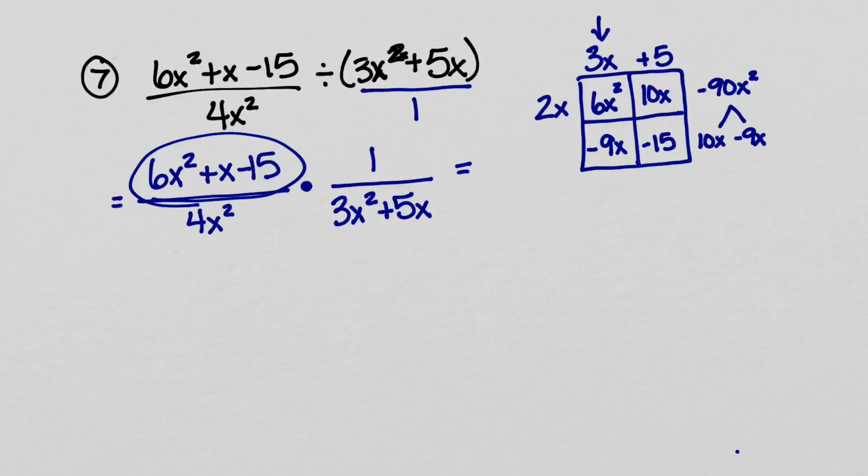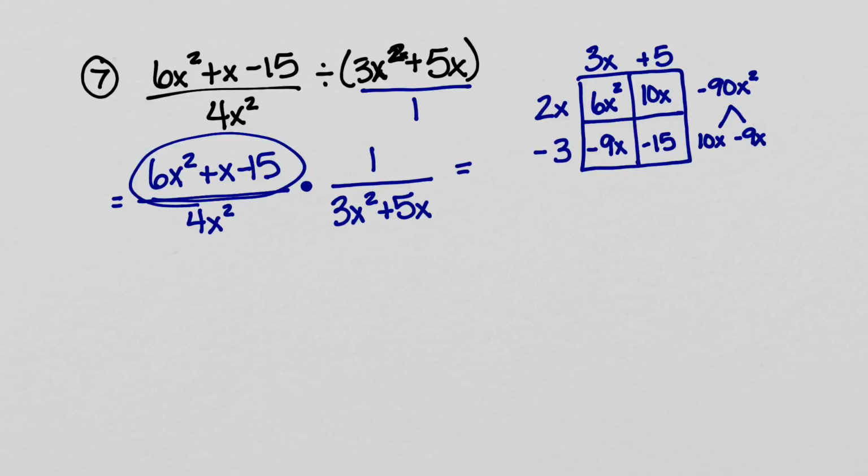And then I finish this one with 3x times what gives me this negative 9x, and that'd be a negative 3. And I double check it: this negative 3 and this positive 5 need to multiply to that last box. Remember, each row and column have to match up there. Erase all these little extras.